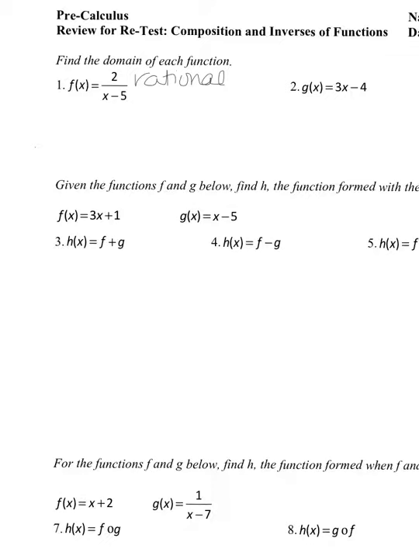Those asymptotes happen where the bottom is equal to 0, so where x minus 5 is equal to 0, and that's where x equals 5. And there is an asymptote at x equals 5, and that means that the domain of this function is negative infinity to 5 and 5 to infinity. You could also write that as x cannot equal 5.